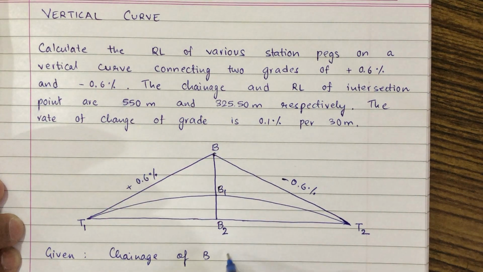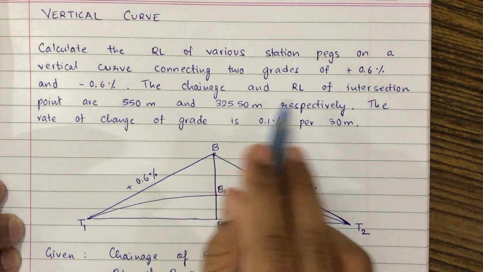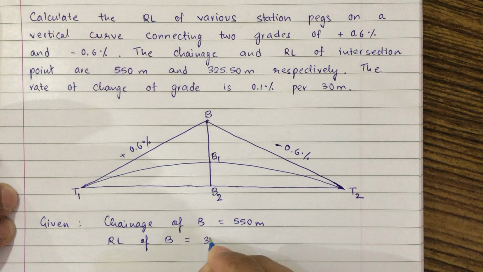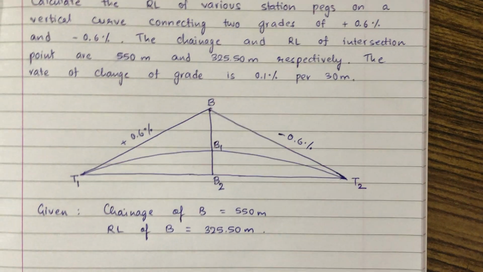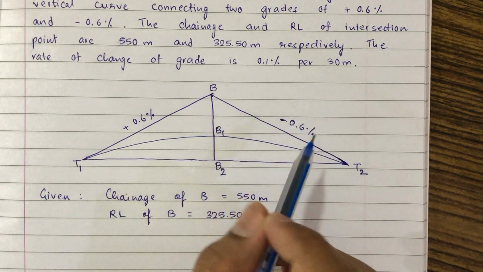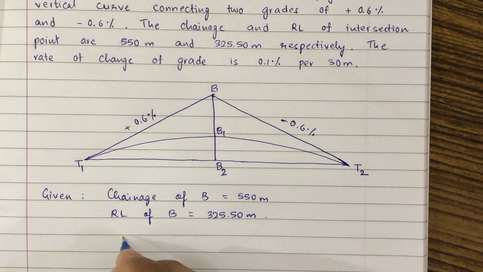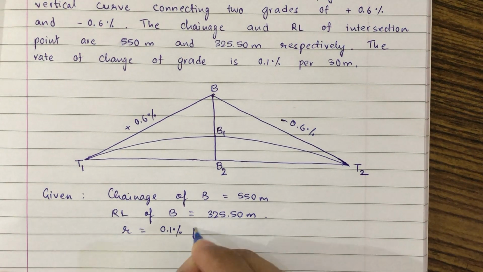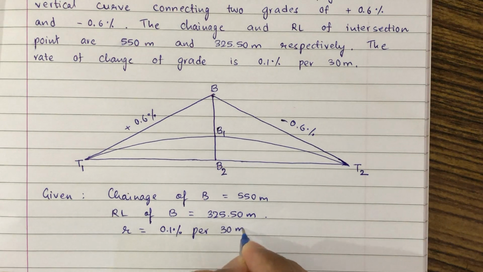Chainage of B is given as 550 meter and RL of B is given as 325.50 meter. And the rate of change of grade, small r, is 0.1% per 30 meter.